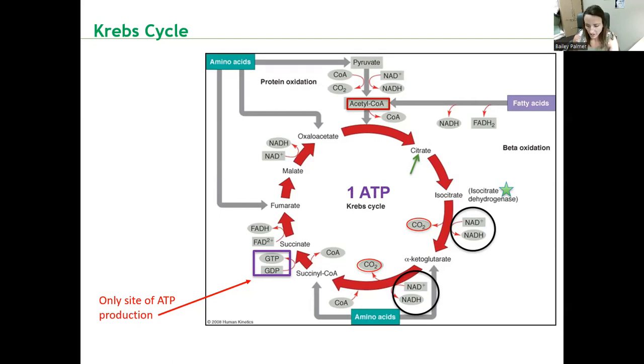So we're now at our succinate. With succinate, we're going from succinate to fumarate. During this, 2 hydrogen atoms are transferred from FAD to make FADH. So FADH is a lower energy electron carrier.